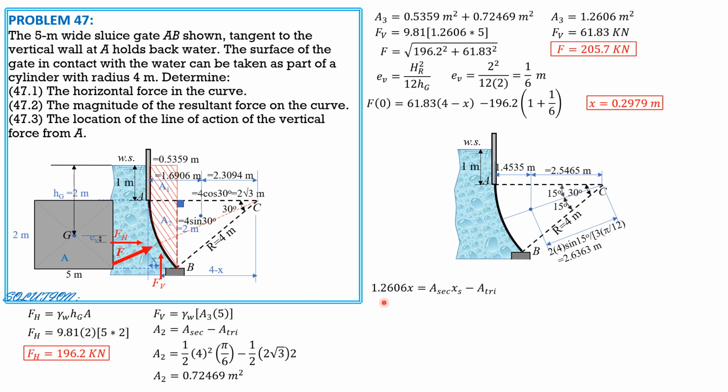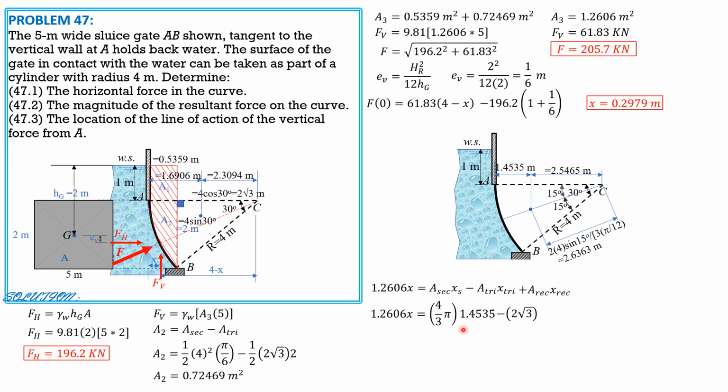So by Varignon's theorem, the area, which is 1.2606, this shaded area here, area 1 and area 2 or area 3, is equal to the area of the sector, which is 4/3 pi, as I said. Then its moment arm is 1.4535. So x of the sector minus area of triangle times x of triangle, then plus area of rectangle times x of rectangle.